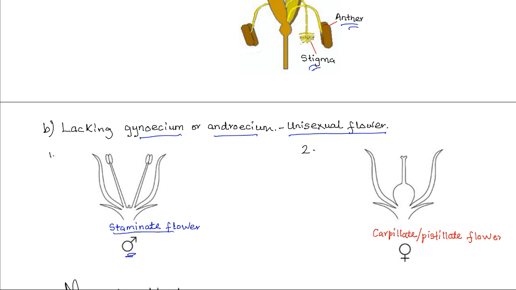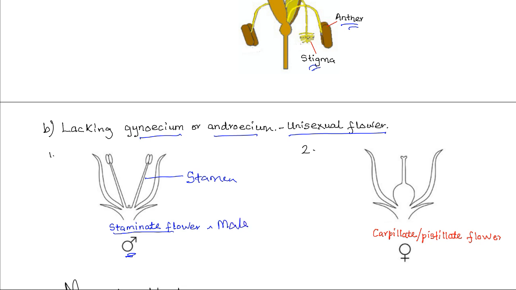A staminate flower lacks the female part, that is, it lacks the carpel. Only the androecium is present. Therefore, it's only the stamen that are present in such a flower. Such a flower is said to be staminate, that is, male flower, since it only has the male part.